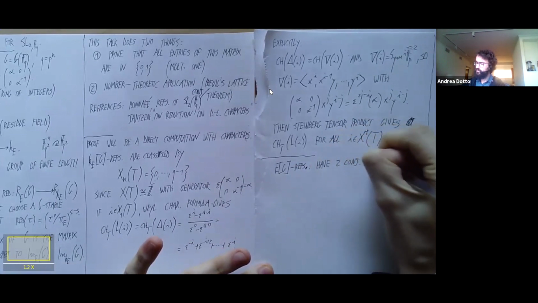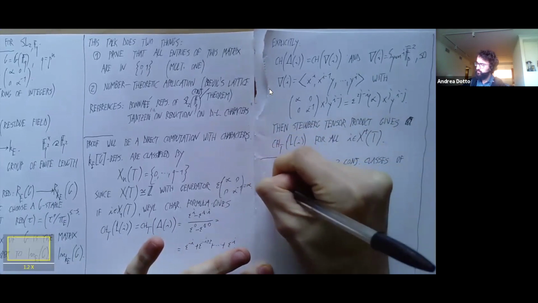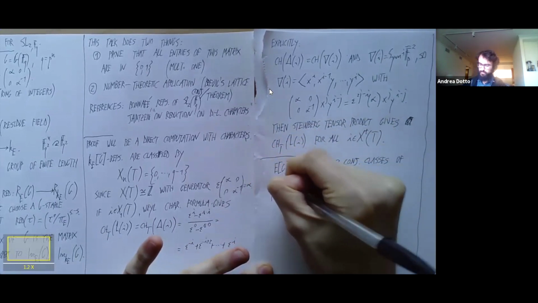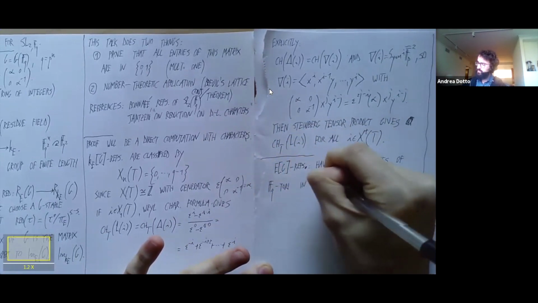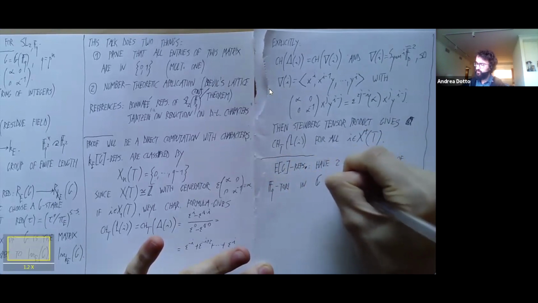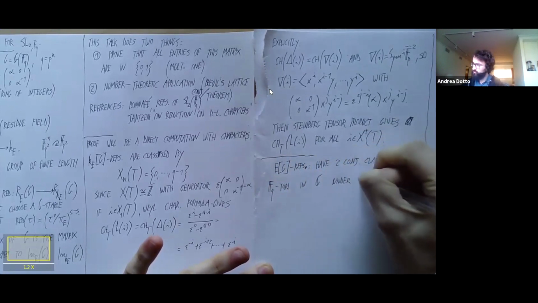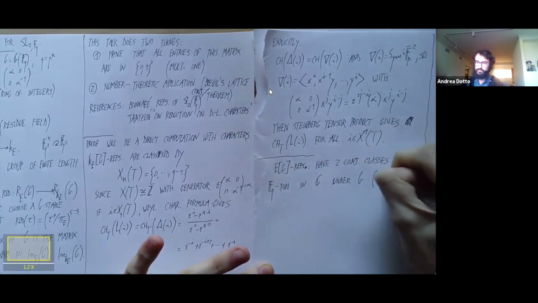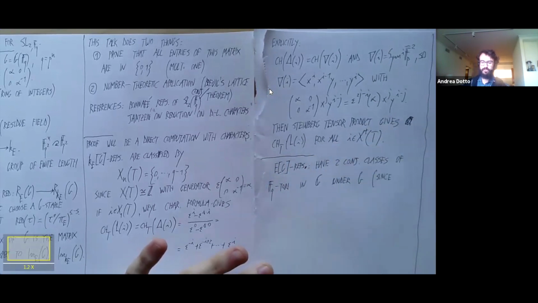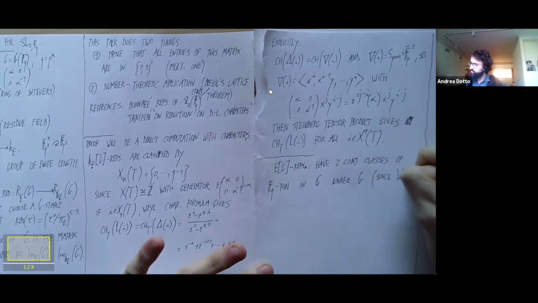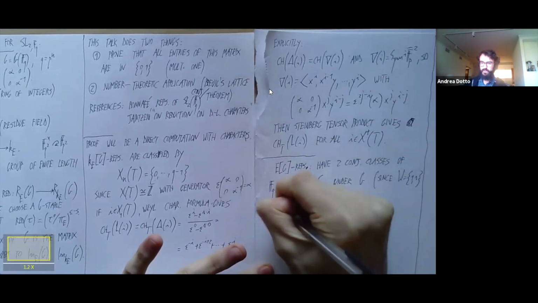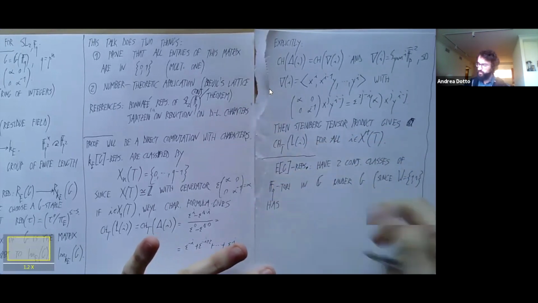You have 2 conjugacy classes of F_q tori in the algebraic group under the action of the rational group. And it's just due to the fact that the group is split and the Weyl group has 2 conjugacy classes. And it's easy to write down explicit representatives for those tori.